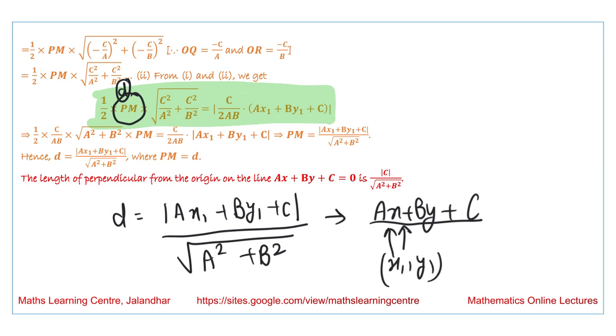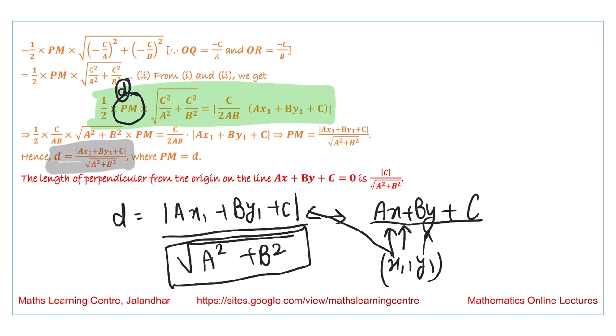What we have done is, in place of x and y we have substituted x1 and y1, and in the denominator we have the square root of a square plus b square. So this is the final formula we obtain for the distance between the point and the line.